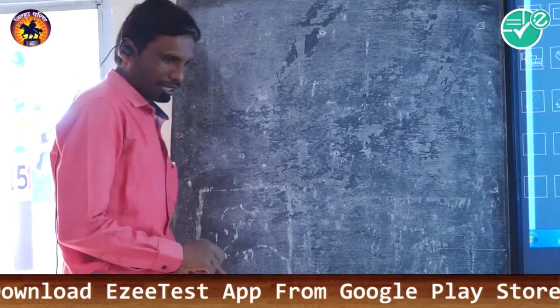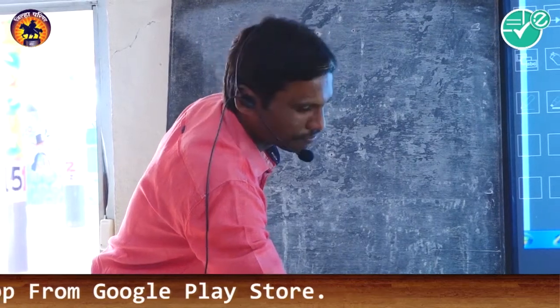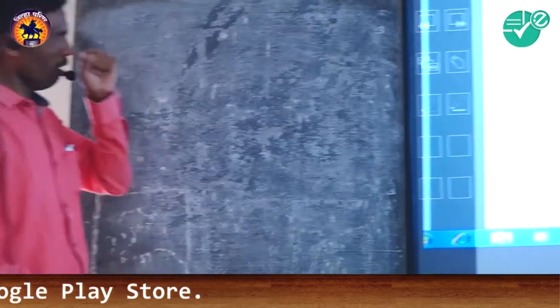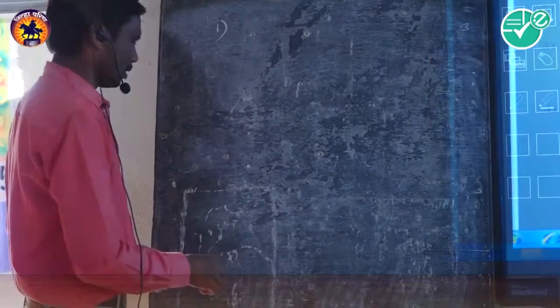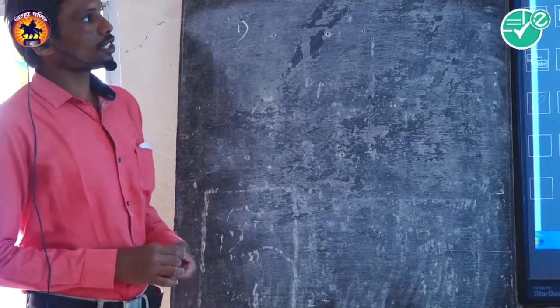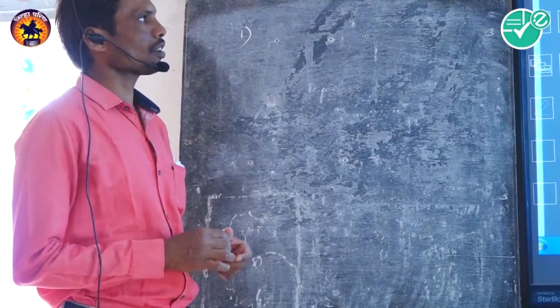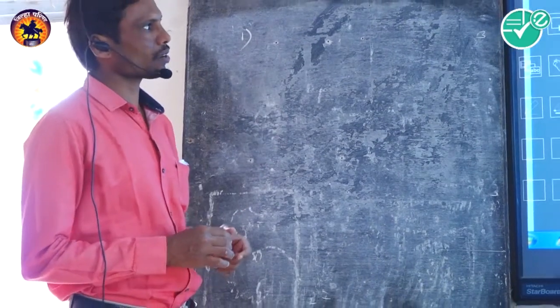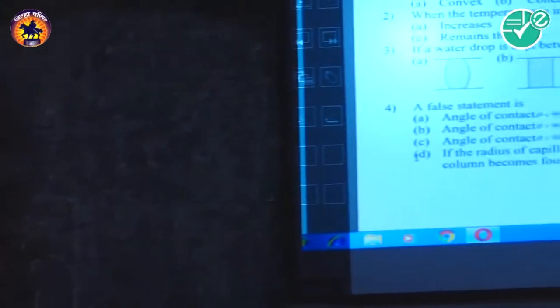Then we shall take some MCQs on angle of contact. Here is the first MCQ. The meniscus of mercury in a capillary tube is: option 1 convex, second concave, third plane, and last one uncertain.